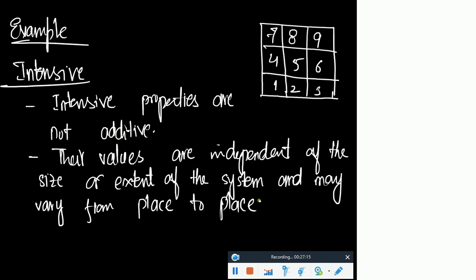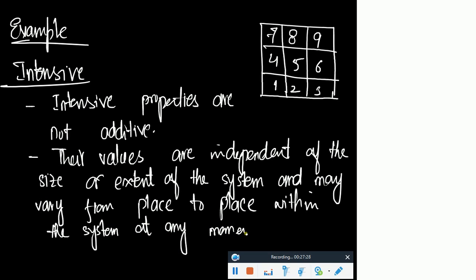So it may vary from place to place within the system at any moment.